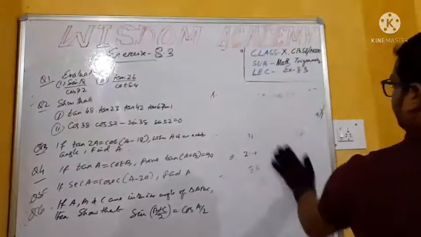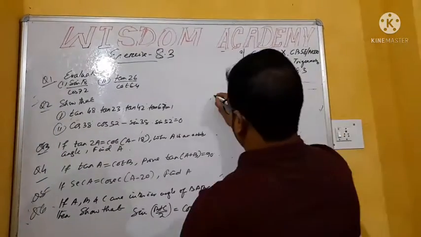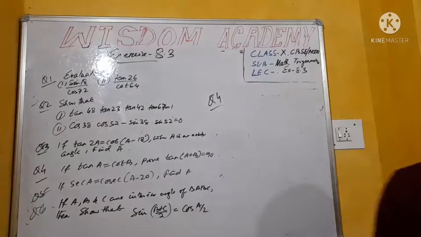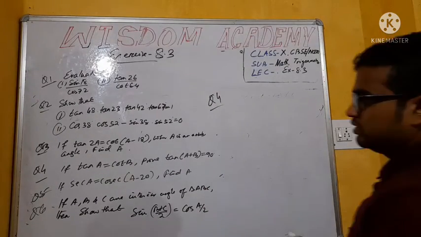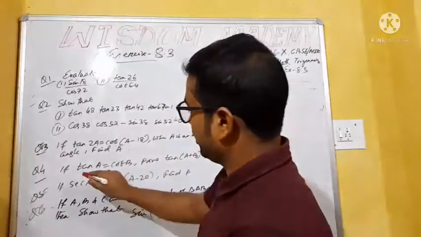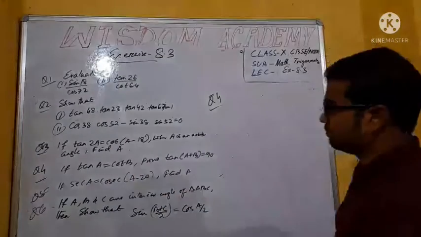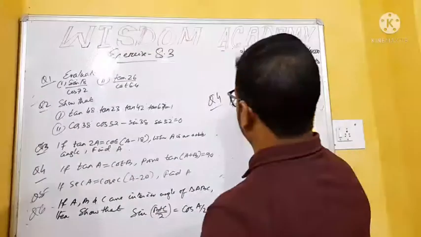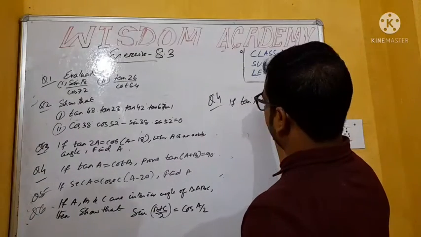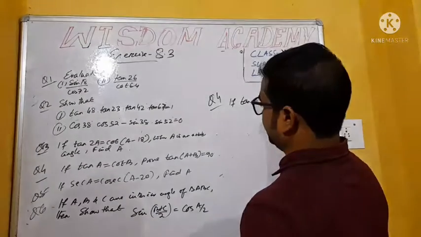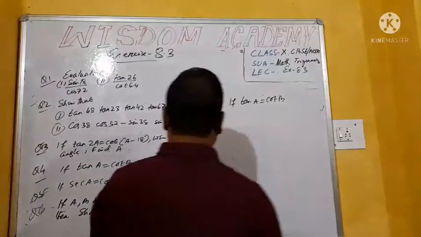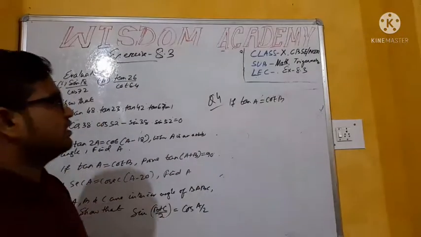Next question, question number 4. If tan a equals cot b, prove that a plus b is 90. Let's start.